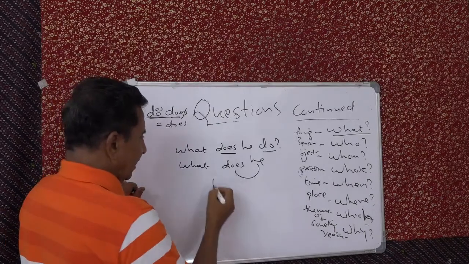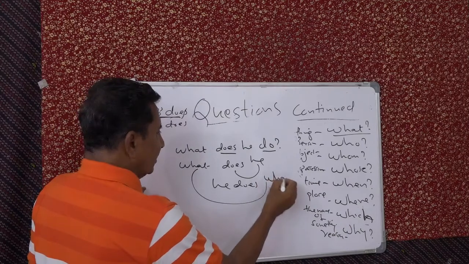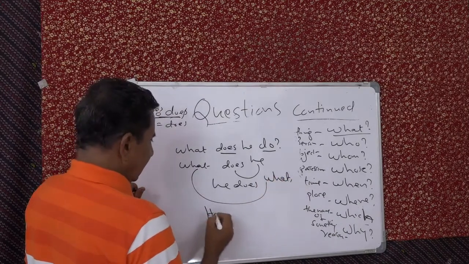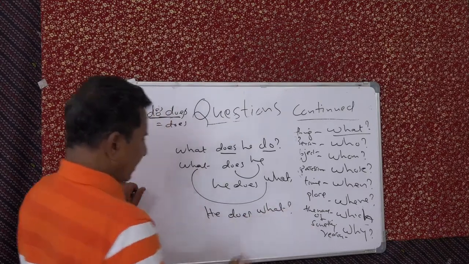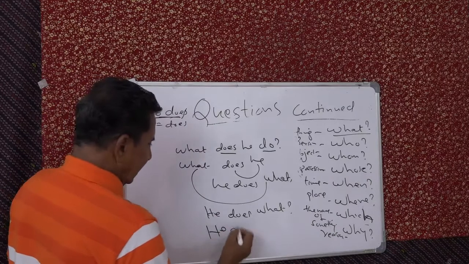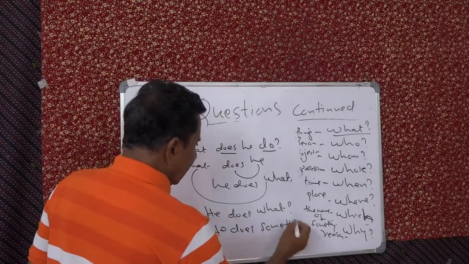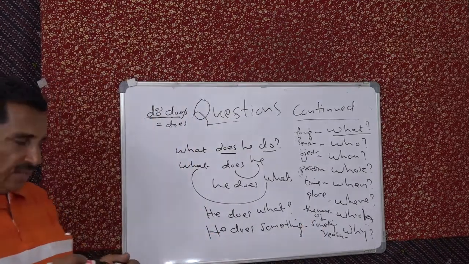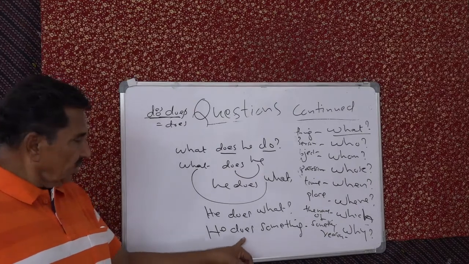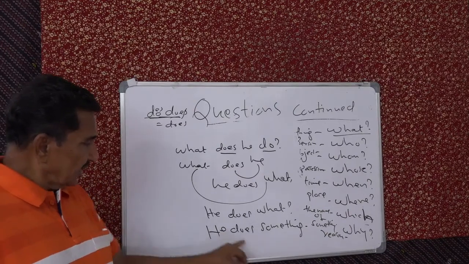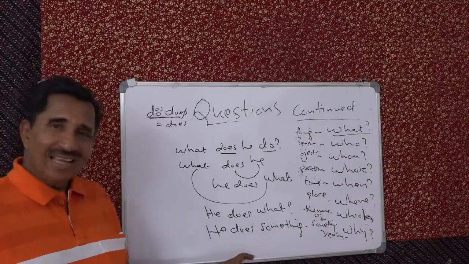Then here, he does. Bring it here, because this is a statement. So he does what? He does something. Statement. So when you say he does something, what's the question? Yes or no question is, does he do something? Why does he do something?